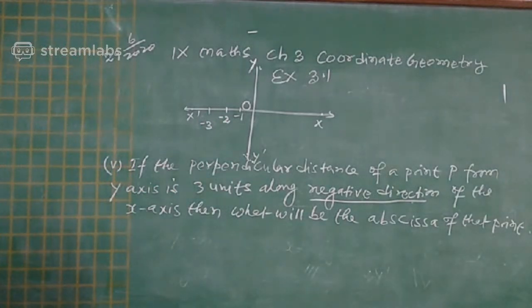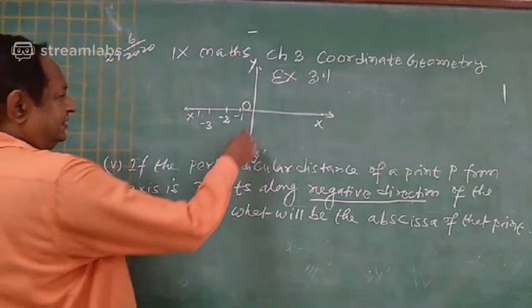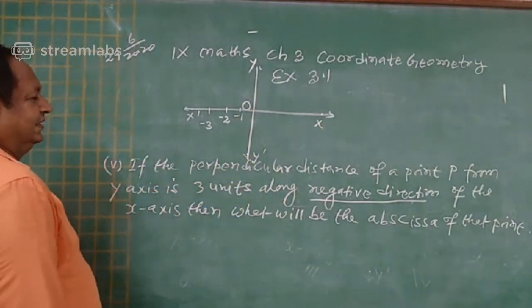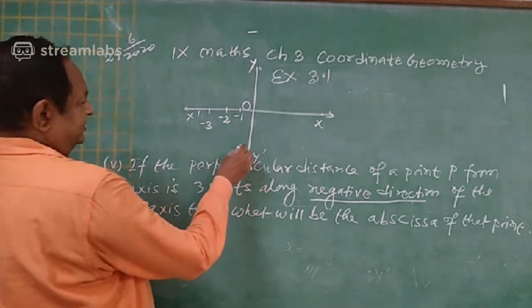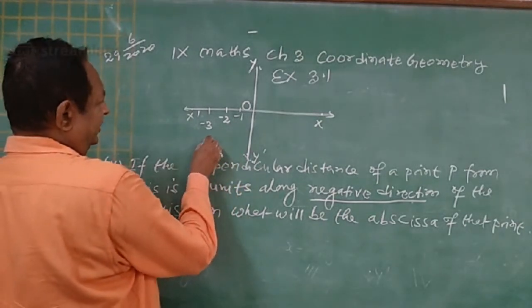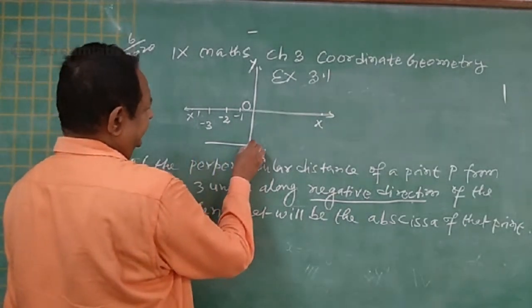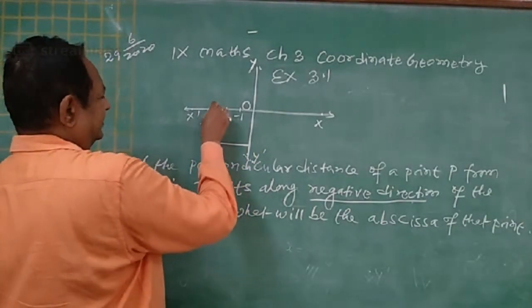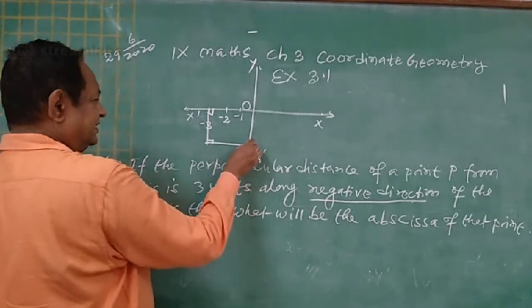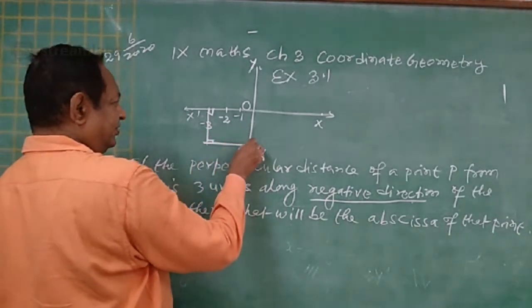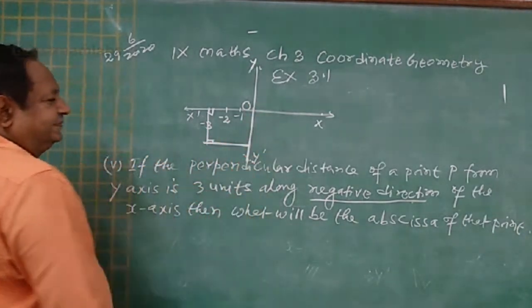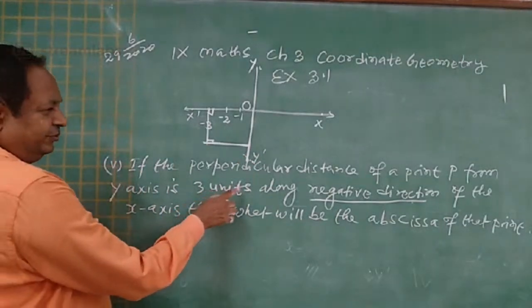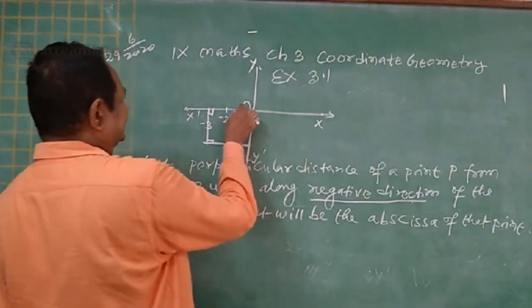The perpendicular distance of point P from y-axis is 3 units along negative direction, this side.